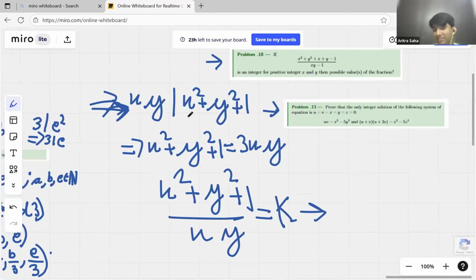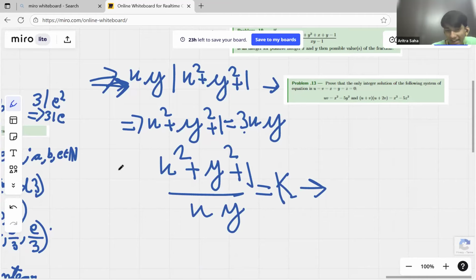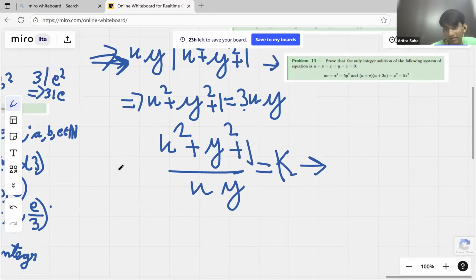That will make x plus y whole square plus 1. Yeah, that's not a bad idea. That's not a part of my solution though, but yes, I can see that idea. That shouldn't matter too much. You can do x plus y whole square plus 1, and then the answer will be 5 here, not 3. You can modify it a little bit, but the main idea wouldn't change.